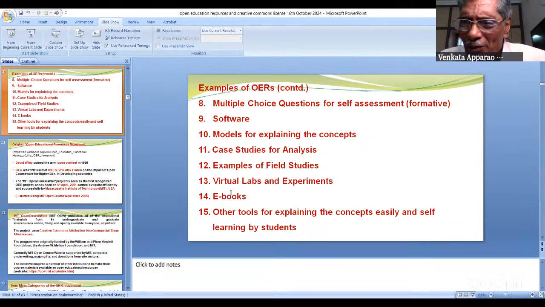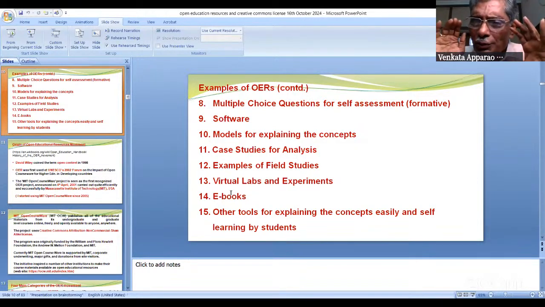Especially in our country, in the undergraduate program, there are many very poor students. They cannot afford to purchase books. Therefore, in your syllabus, you select a good e-book which is available as OER and prescribe it, whose language can be understood.